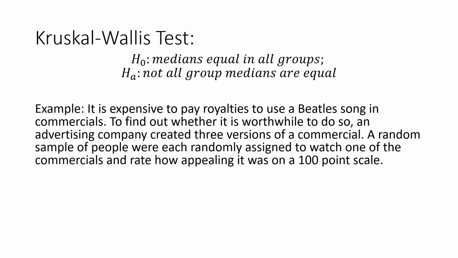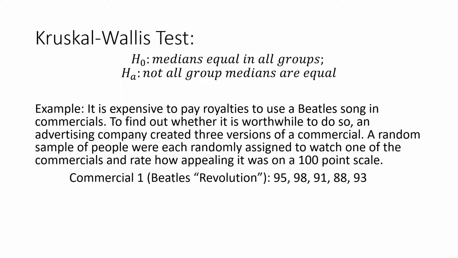The example that we're going to use is related to advertising. It's expensive to pay royalties to use a Beatles song in commercials. To find out whether it is worthwhile to do so, an advertising company created 3 versions of a commercial. A random sample of people were each randomly assigned to watch one of the commercials and rate how appealing it was on a 100-point scale.